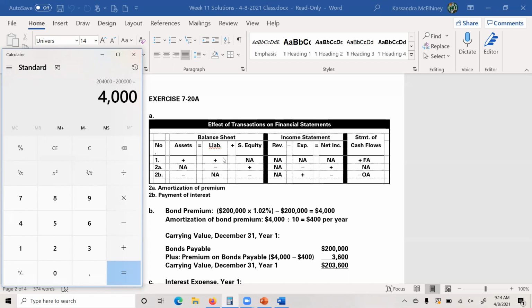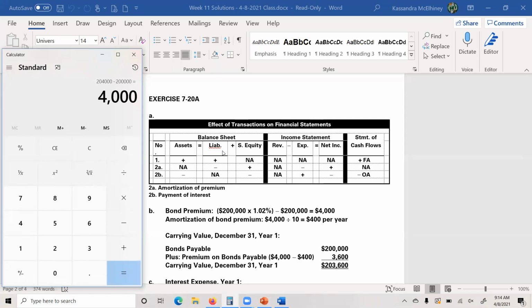So we have a $4,000 premium on the bond issue, an additional liability account called premium on bonds payable. Immediately after issue, the carrying value of these bonds would be the $200,000 face value plus the $4,000 premium, which is what was received for the bonds, but only immediately after issuance.